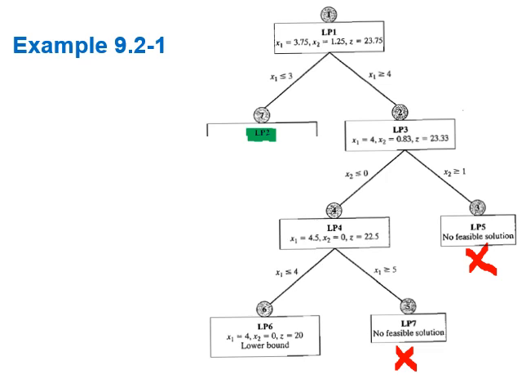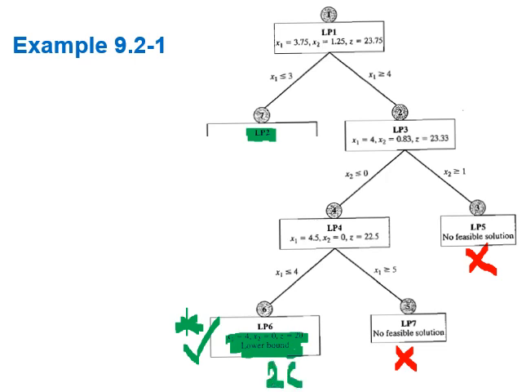Then when we solved LP6, we found an integer solution. This is important. When you have an integer solution, you need to be careful. Put a star for that because this solution is now the best solution that you have in your hand. And its value is 20.